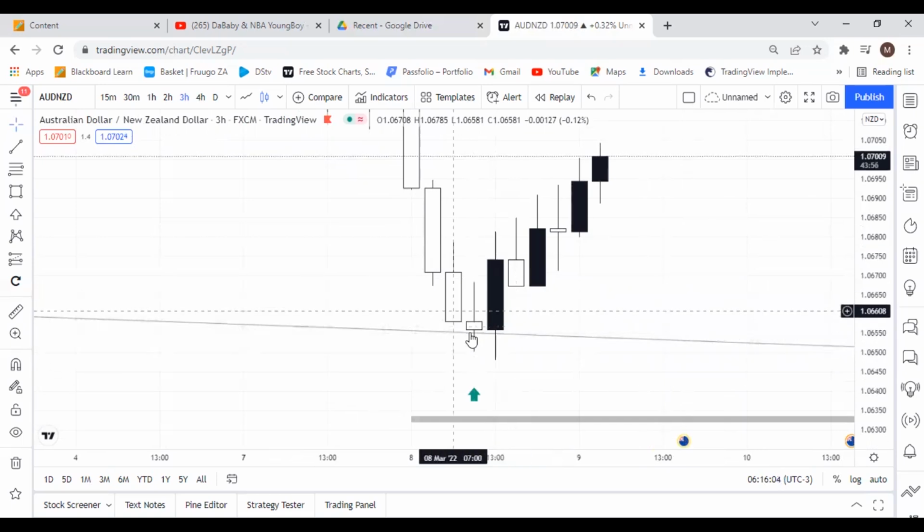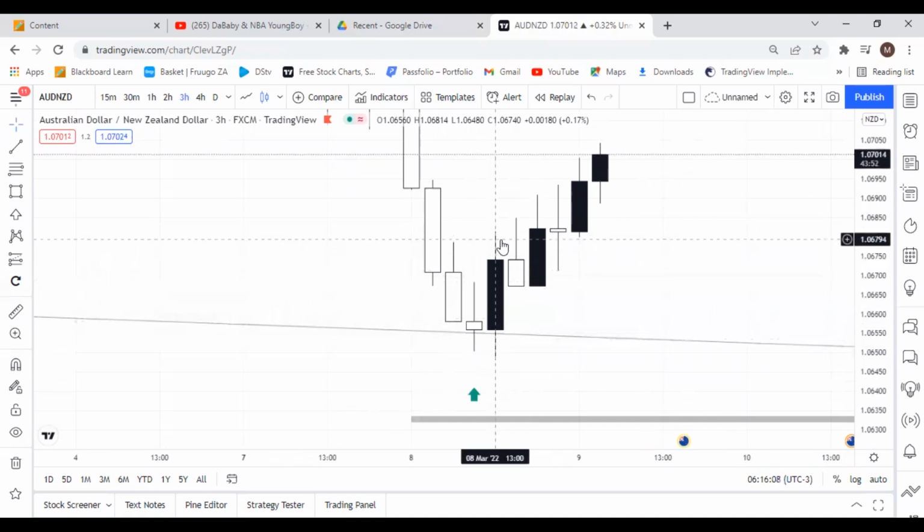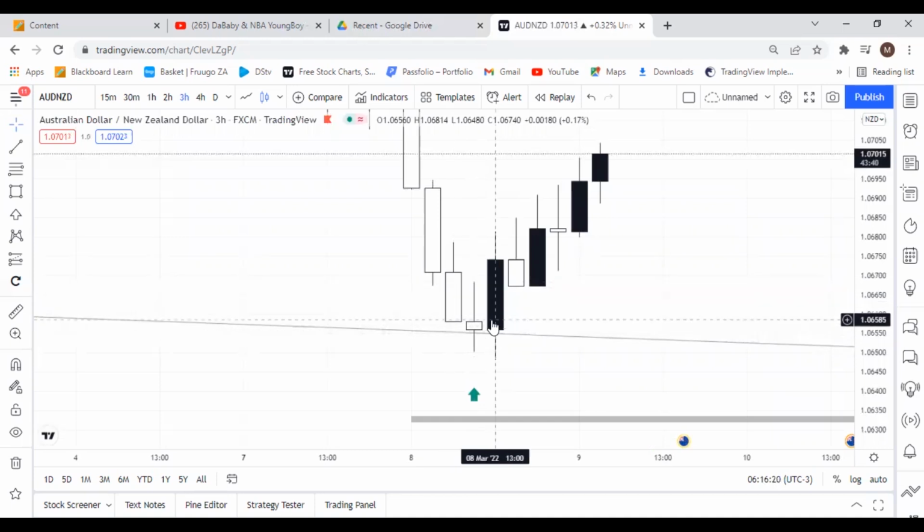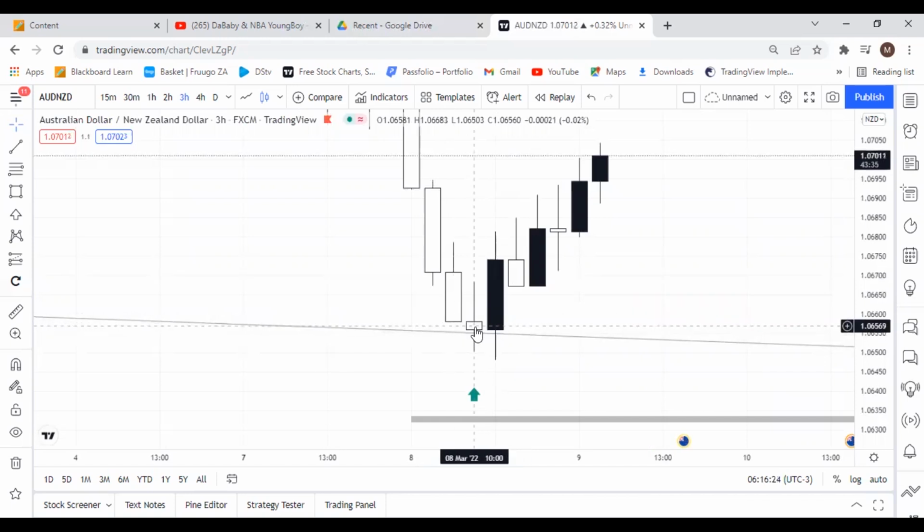There's this reversal candlestick, and then the following candlestick reversed to the upside. This is a bullish candlestick, and as you can see, it engulfed this one and the previous one, which means the combination of these two candlesticks was a strong confirmation that we are turning.